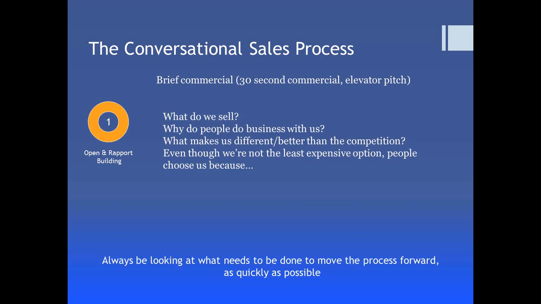And even though we're not the least expensive option, and by the way, this last one's my favorite, even though we're not the least expensive option, people choose us because. So I would like each of you to either write these down now or take a look at the recorded version over the next couple of days and fill in the blanks at the end of these, or answer these questions for yourself so that you can put together your brief commercial.